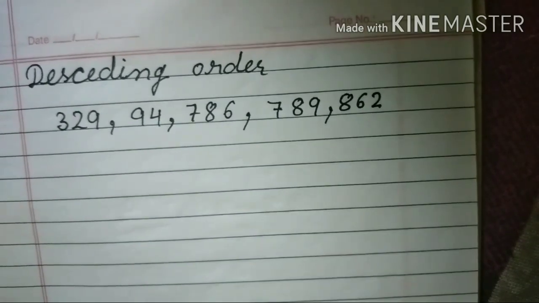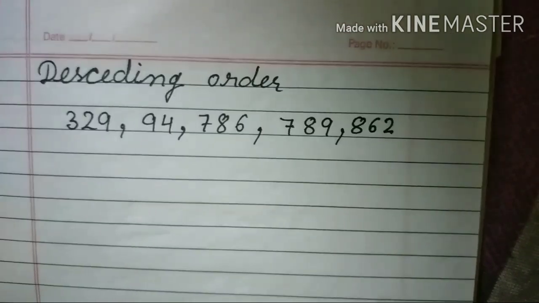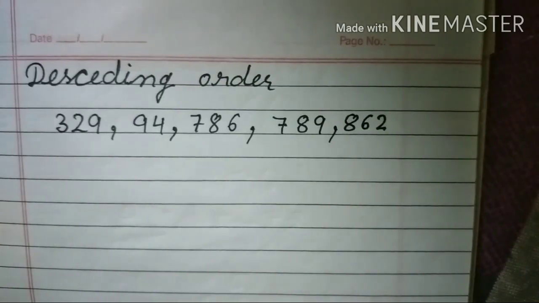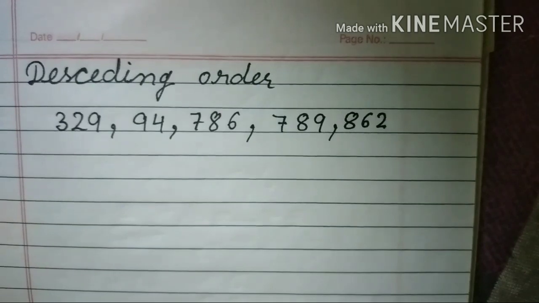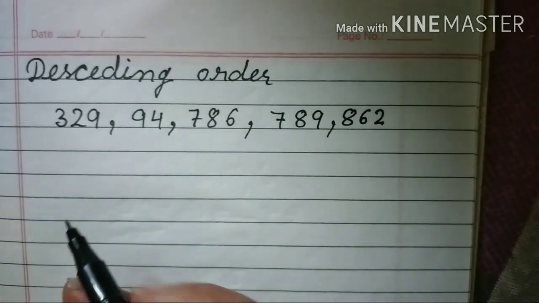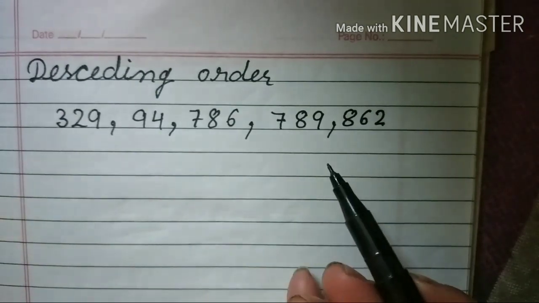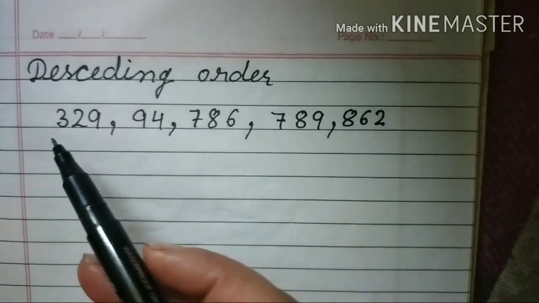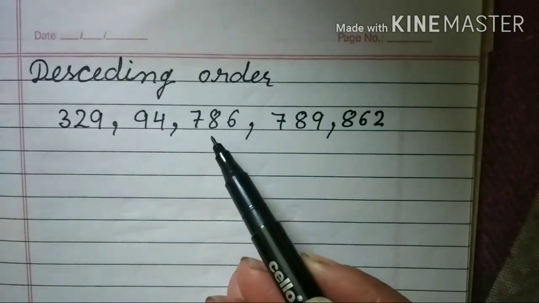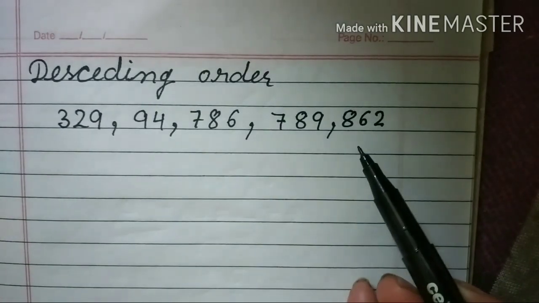So students, now we learn about the descending order. Descending order means arranging the numbers from the greatest to the smallest. So let's start arranging the numbers from greatest to smallest. Our first step is, first of all, we will count the digits of the given numbers. Here we have a 3-digit number, here we have a 2-digit number, and then 3-digit numbers.